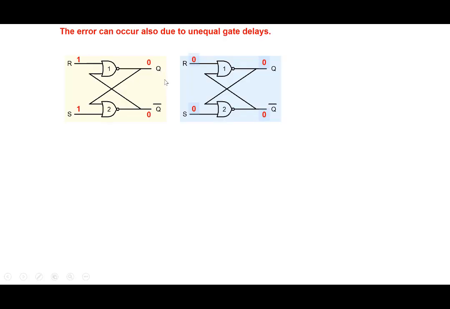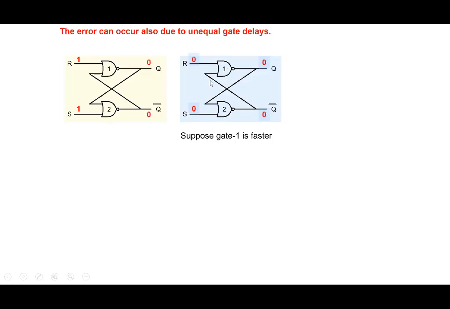because the output is unpredictable. So when you go from 1 1 to 0 0, suppose gate 1 is faster. So both the inputs have changed simultaneously to 0 0, unlike the previous case where one was changing earlier than the other. But gate 1 is faster here.